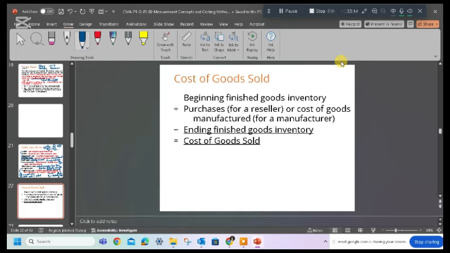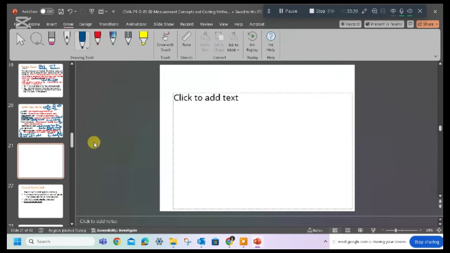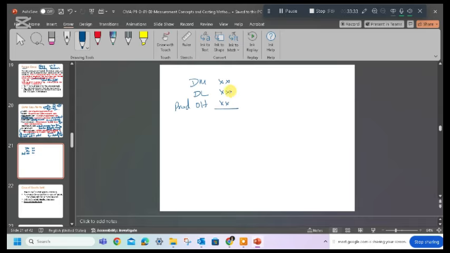Cost of goods sold. Wait, we'll go step by step. Direct material, direct labor, production overheads. These three together, how do we call it? Manufacturing cost.